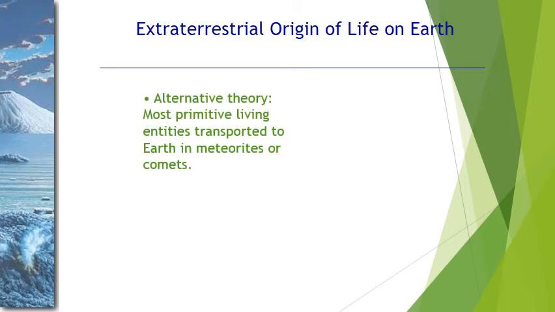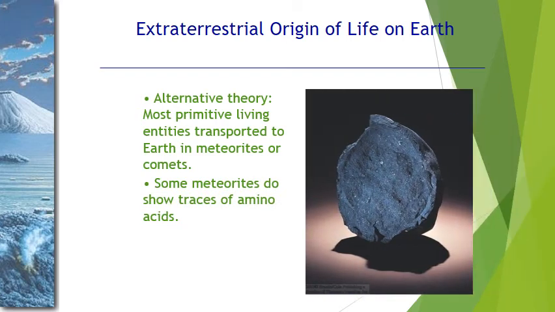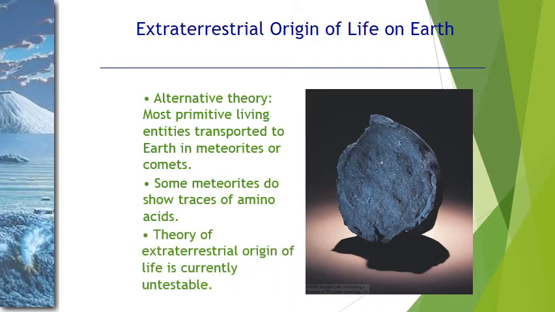It could be done, but it didn't have to be, because there's also the possibility of extraterrestrial origins for life, meaning that amino acids and simple organic compounds and molecules show up in meteorites all the time. And so it could be that life was seeded here on Earth just by virtue of a meteorite smashing into the Earth and providing those early building blocks without any need for them to be built here on Earth. Again, it's another theory. Right now, it's currently untestable.